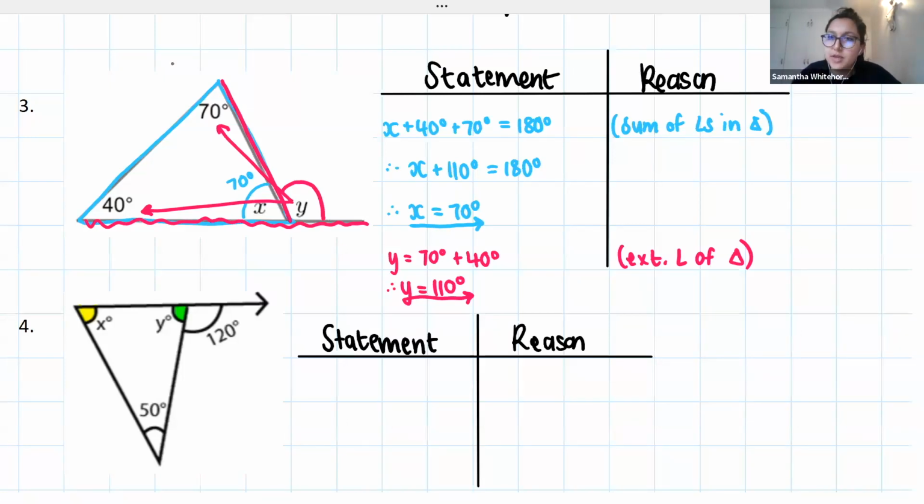So once you have both X and Y, you know that angles in a triangle must add up to 180. So take your answers for X and Y and add them to that 50 degrees and make sure you're getting your angles in a triangle adding up to 180. So always, where possible, double check yourself. Make sure that you actually agree with your own answer.